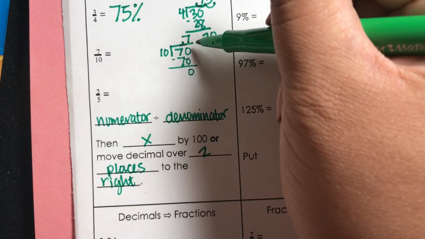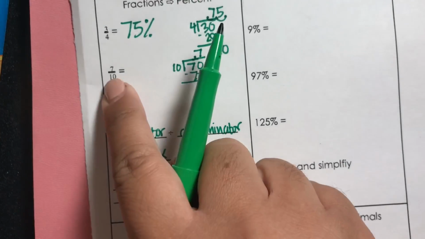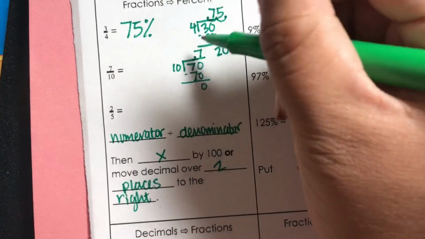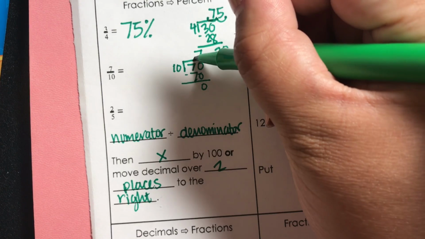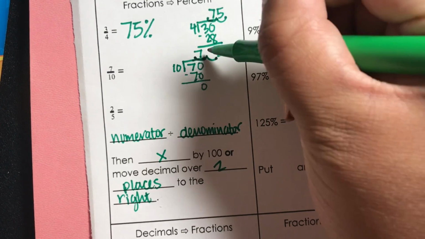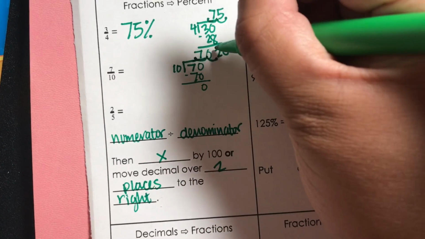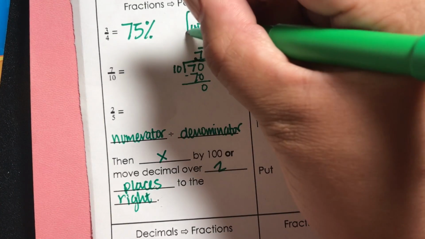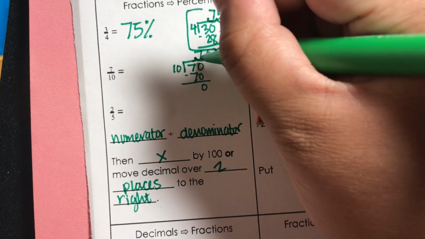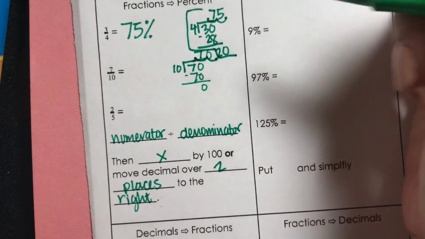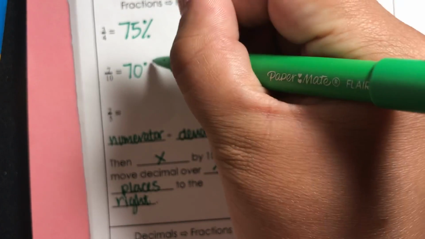Remember, that is exactly how we say 7/10. So we need to move the decimal 2 times. I'm running out of room here, sorry. It's not 720, so I'm going to put a little border here so you don't get confused. So we move the decimal over 2 times to the right, so then we end up with 70%.